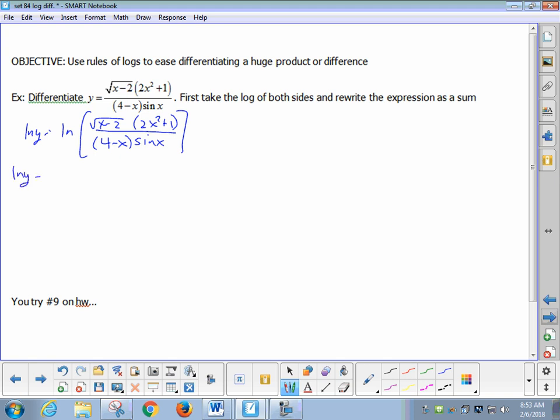The left-hand side can stay log of y, but by log rules, now I'm going to show several steps, but on the homework you're going to condense these a little bit. Wouldn't you say that by log rules, the log of a product is the sum of the separate logs? So I could call this log of root x minus 2 plus log of 2x squared plus 1. And anything in the denominator would be a negative log.